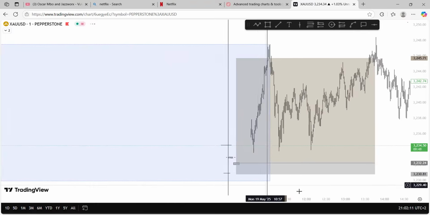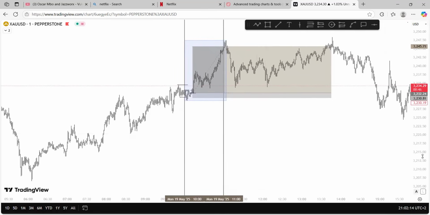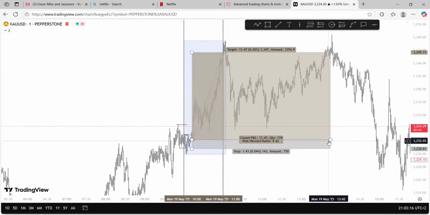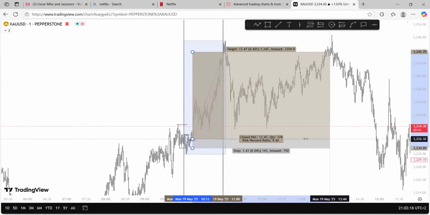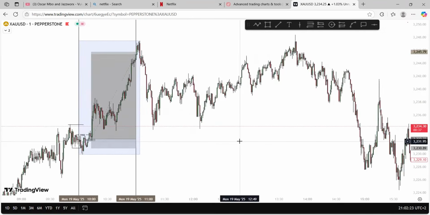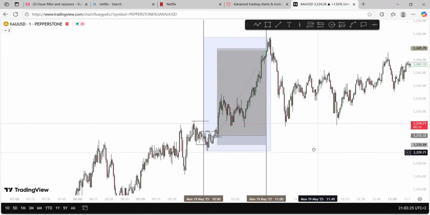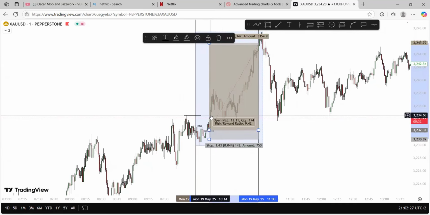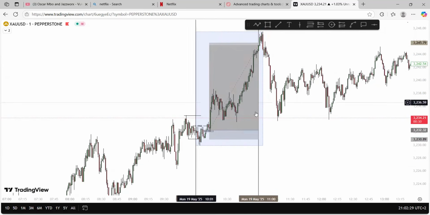As you can see, TP was hit. Simple, guys. Your TP will be hit in like 50 minutes, then you are done with this trade.